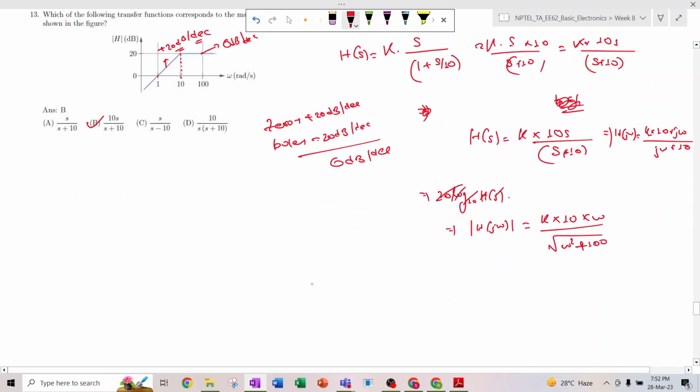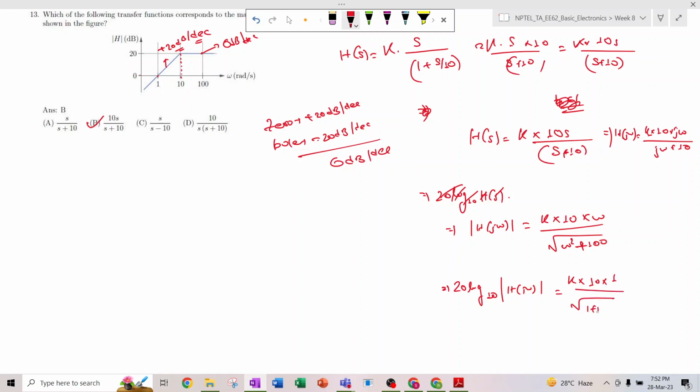Now we put omega equal to 1, where the value is 0 dB. So 20 log 10 mod of H of j omega equals k into 10 into 1, divided by root over 1 plus 100. So it will be 10, and like that you can calculate the value of k. If we put that, the answer will be 10s divided by s plus 10. Okay.